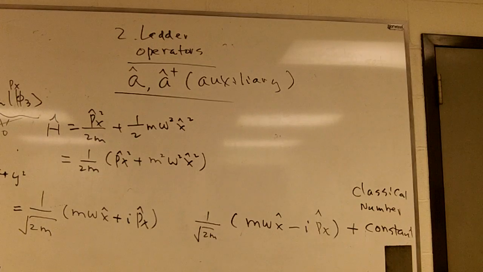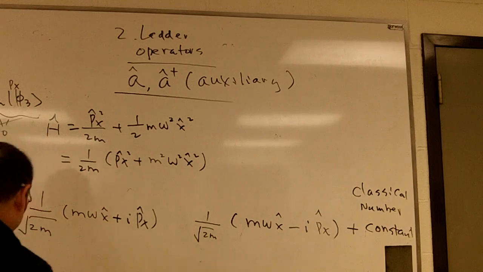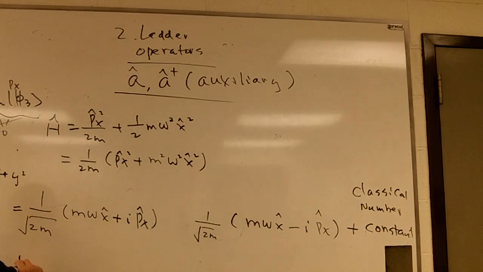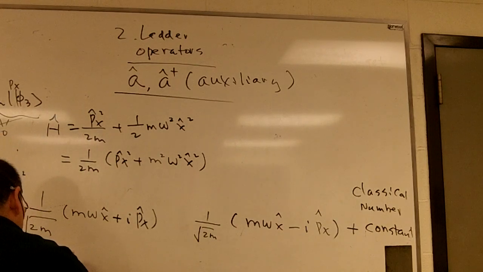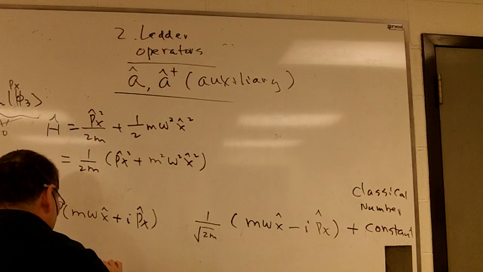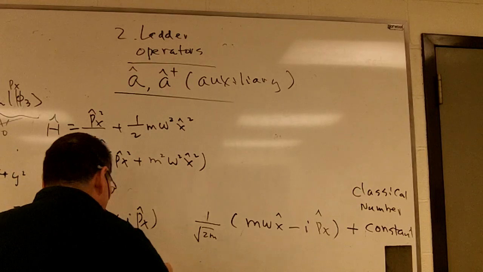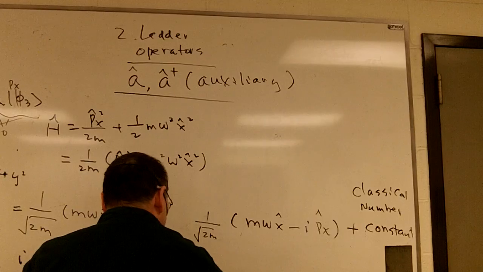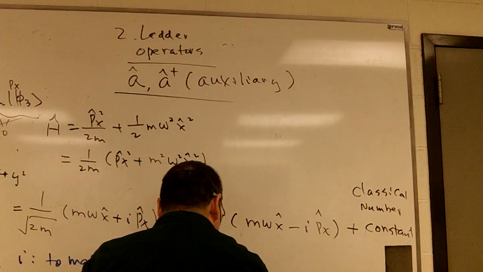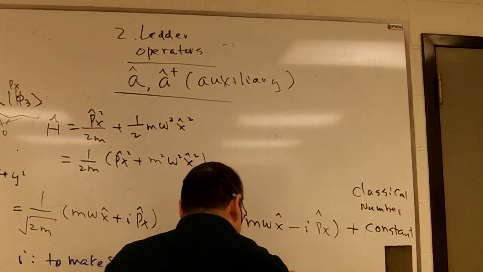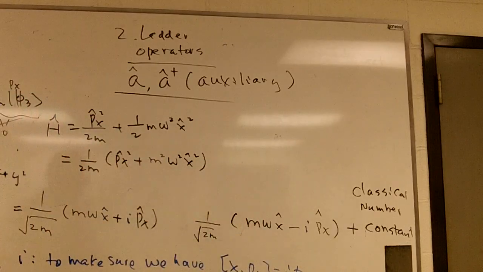And this is a job done by, I'm going to write this down, folks, leave some space here. This i is to make sure we have a commutator, x p x. So this little i there is to make sure we will have this commutator directly.